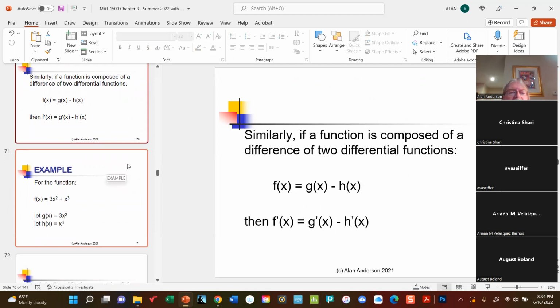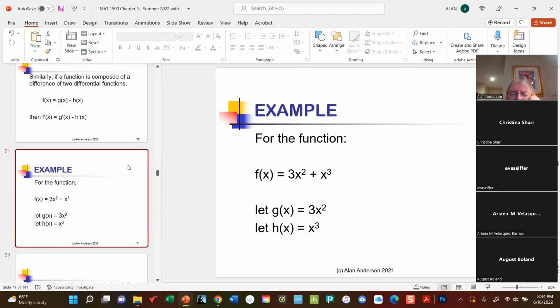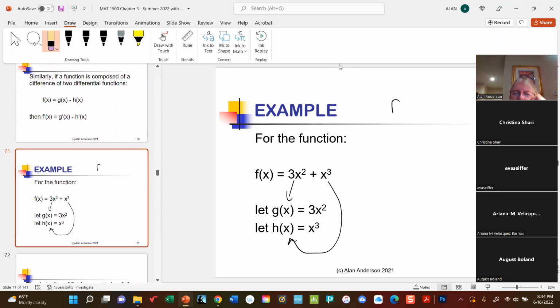Okay, now let's take a look at this example. If you notice, if we treat this as g of x, and this is h of x, each one of these can be solved individually with the power rule. So let's just say g of x is 3x squared, g prime of x. The rule hasn't changed.